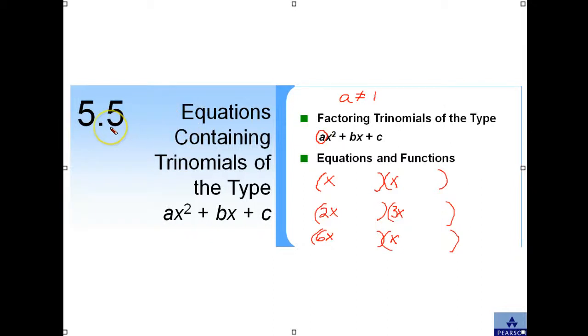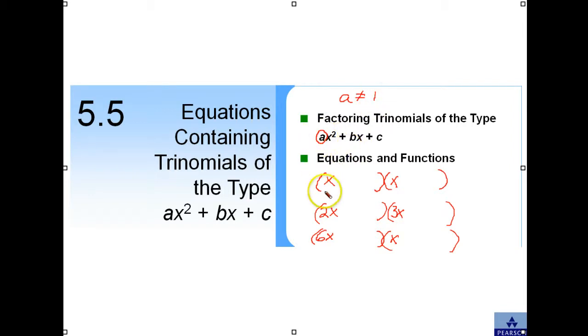All right, we're going on now to section 5 of chapter 5, where we are dealing with equations. Again, they're in standard form, but now the letter A does not equal 1. And you might say, well, what's the difference?